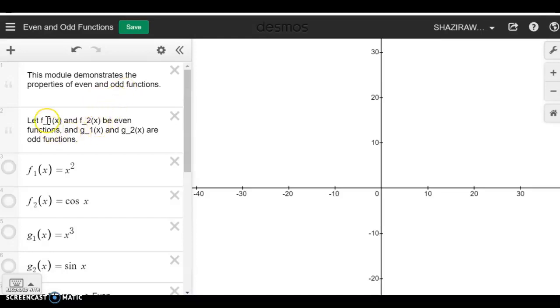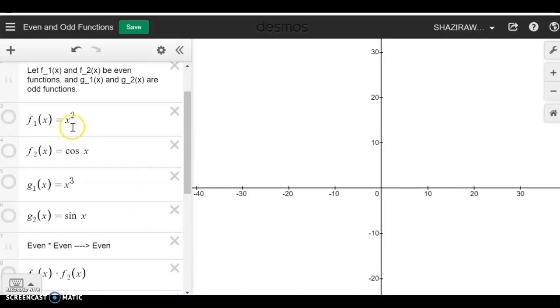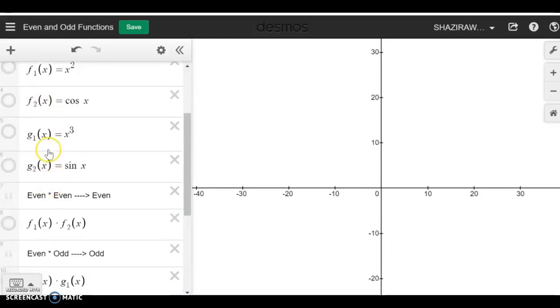Let's say we have two functions, f1 and f2, which are even, and another two, g1 and g2, which are odd. The examples of even functions: x squared is even, as we saw just now, and cos x is also even. You can prove on your own that x cubed is an odd function, and just now we saw that sine x is an odd function.